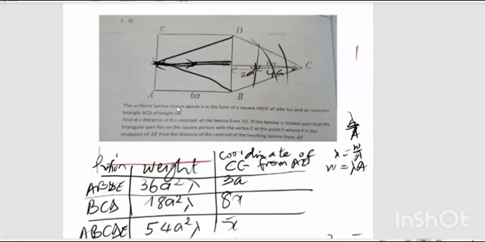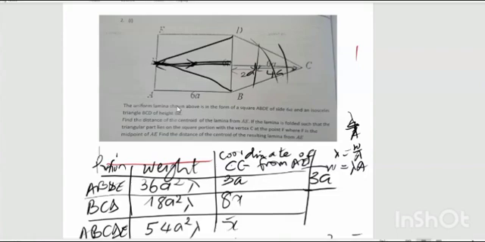And when it is lying that way, the center of gravity of ABDE, if you include this portion here, will still be 3a from AE.